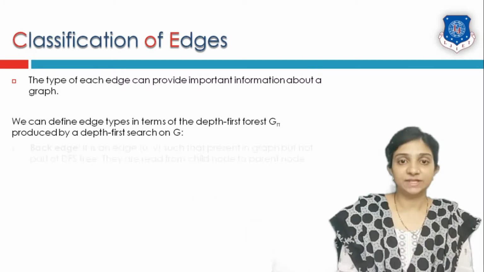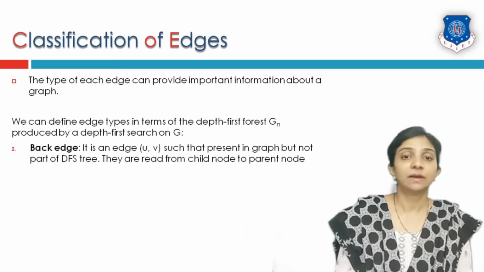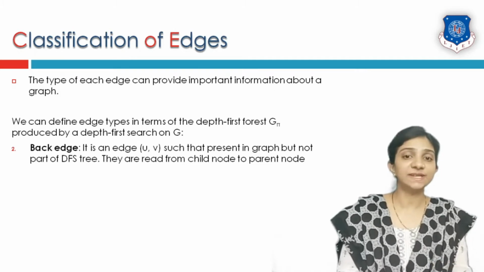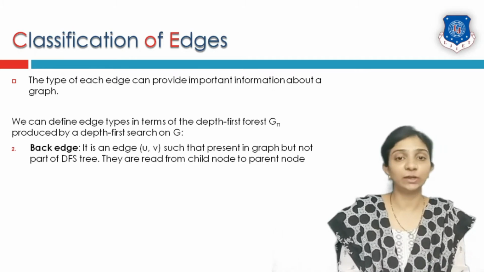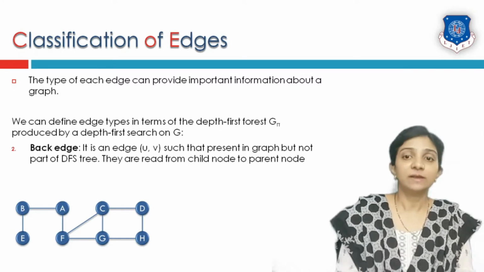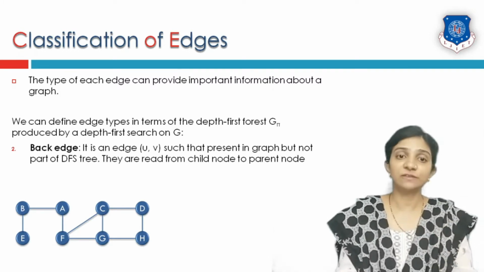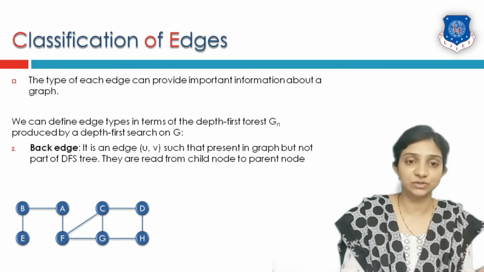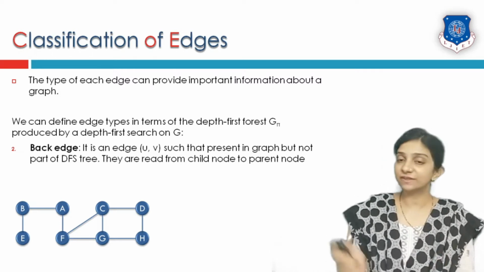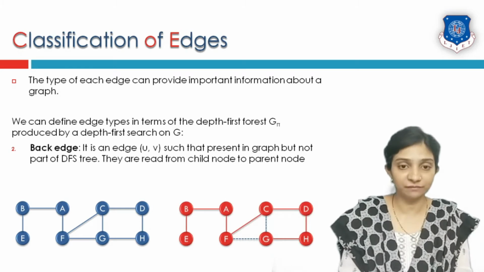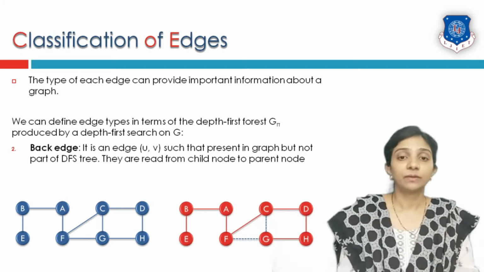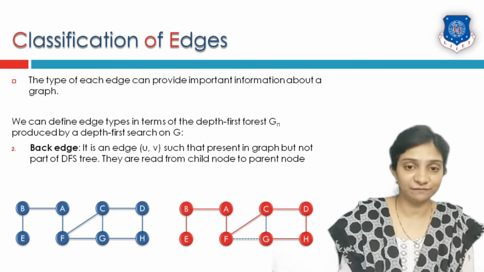Another type of edge is back edge. An edge which is present in a graph but which is not included in a DFS tree, which is read from child to parent, which is actually a reverse of our tree edge. Now as you can consider, this is our actual graph. In this graph we have generated its DFS tree.